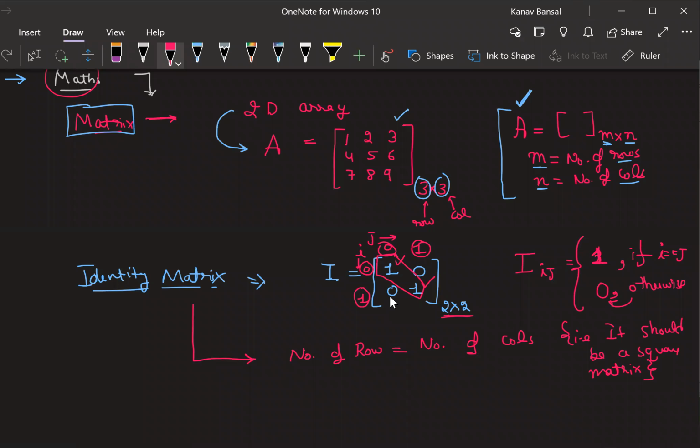Making sense to everyone, right? So these are the two things you need to consider whenever you talk about identity matrix.